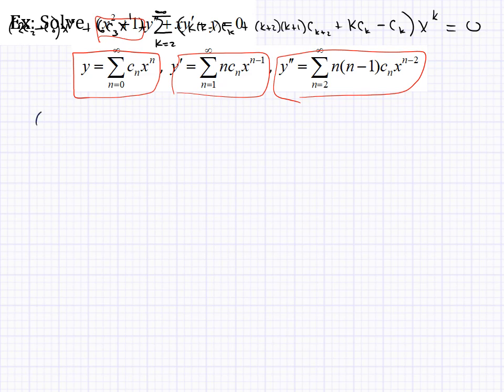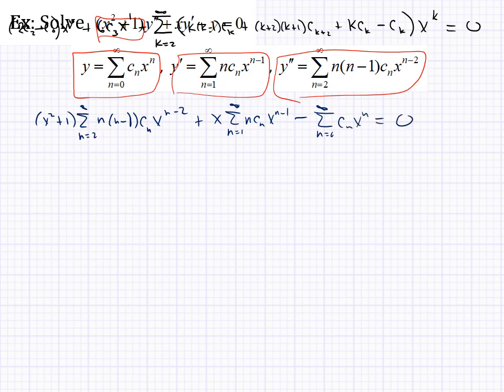So we got x squared plus 1 times the sum of n equals 2 to infinity of n times n minus 1, c sub n, x to the n minus 2, because that's the second derivative, plus x times the sum of n equals 1 to infinity of n c sub n x to the n minus 1, minus the sum of n equals 0 to infinity of c sub n x to the n. Again, that should equal 0.